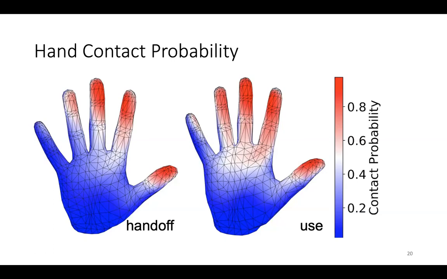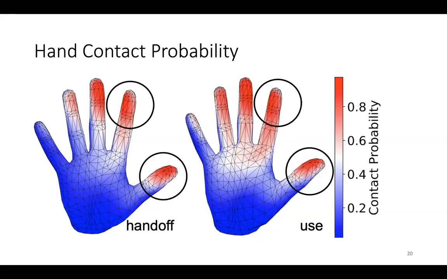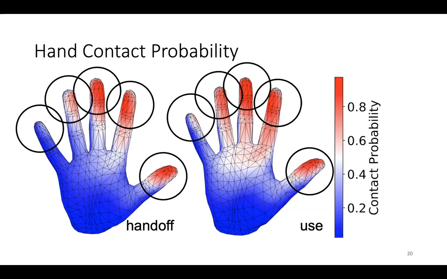This is probably my favorite image from the dataset. These images say a lot of interesting things. First of all, we notice that the thumb and index finger are very important for all the various grasps that we perform. And not surprisingly, fingertips are in general more contacted than other regions of the hand.